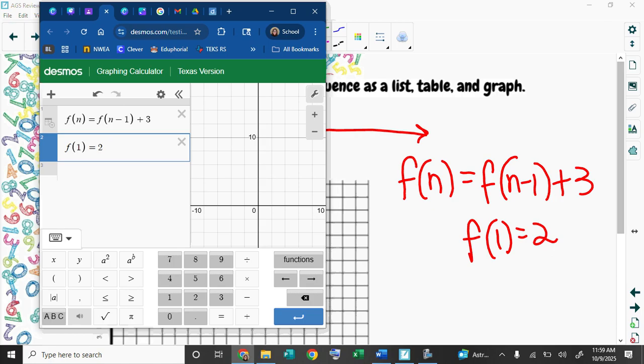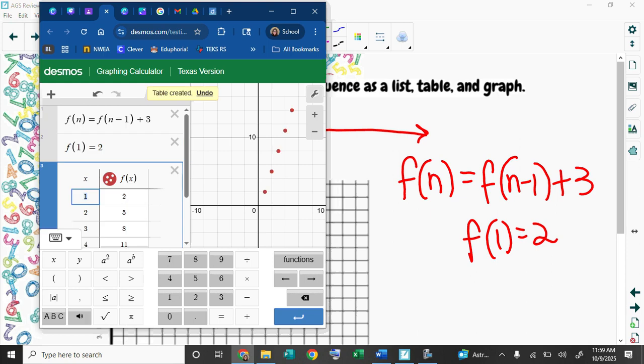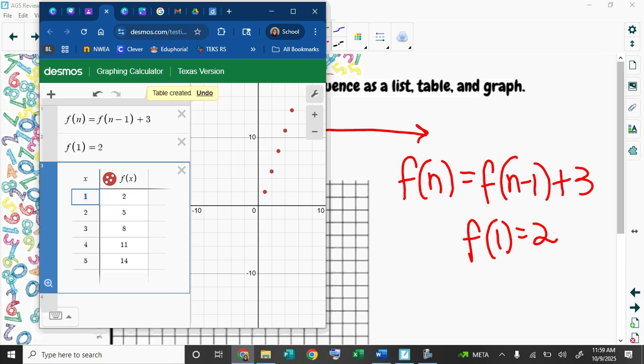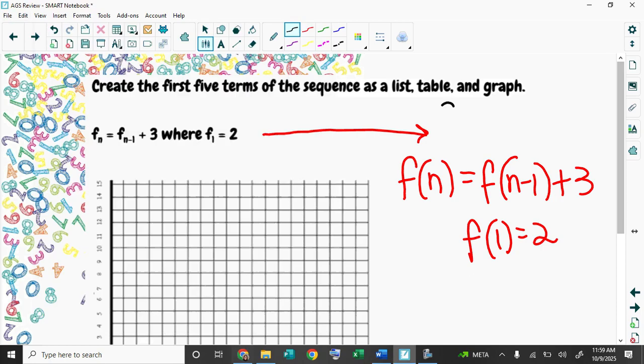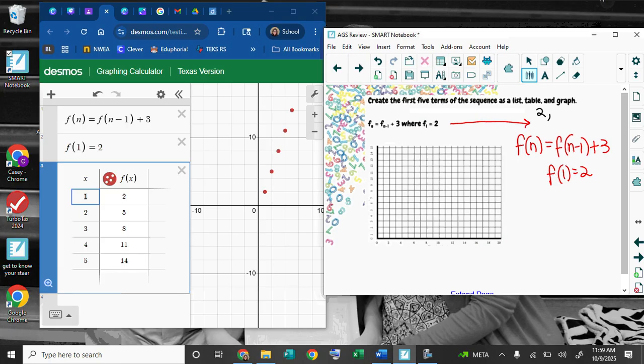When that happens, this magic table thing to the left in gray goes there, and I press it, and then magically it comes up. And so I want my first 5 terms, and so that would be 2, 5, 8, 11, and 14.